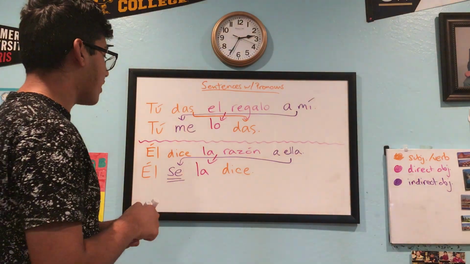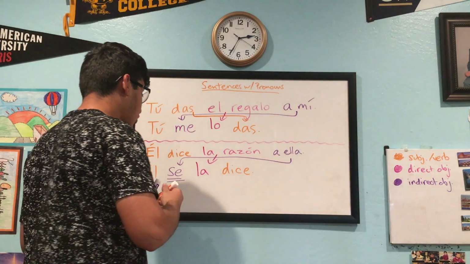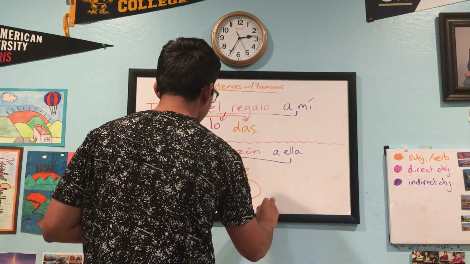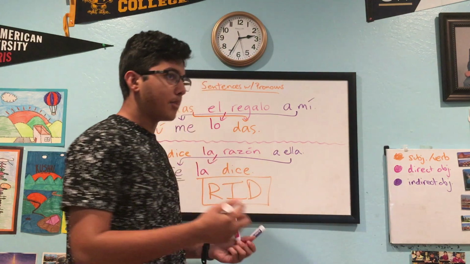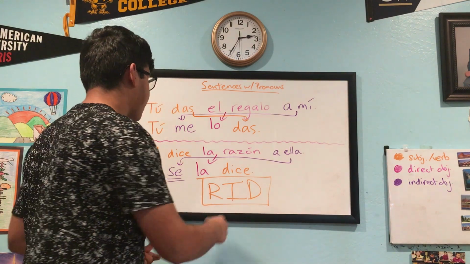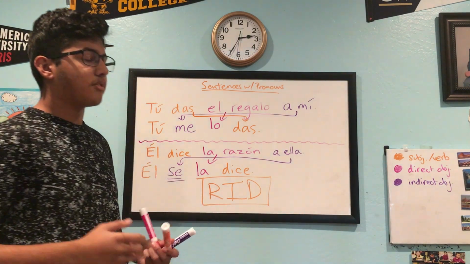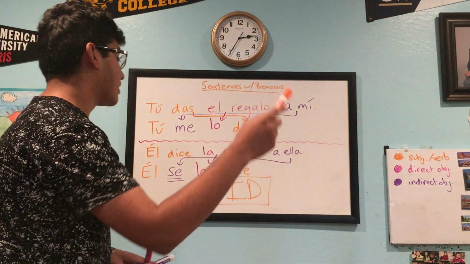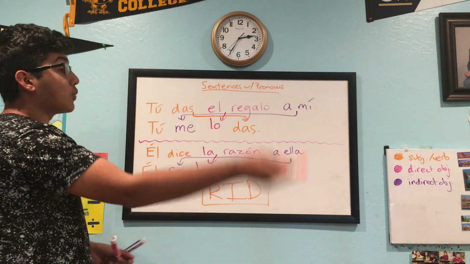So the general rule that we follow is R-I-D, rid. That's a mnemonic. First come reflexive pronouns. For example, ponerse la ropa, which means to put on clothes. We'll put the reflexive pronoun all the way in the front.